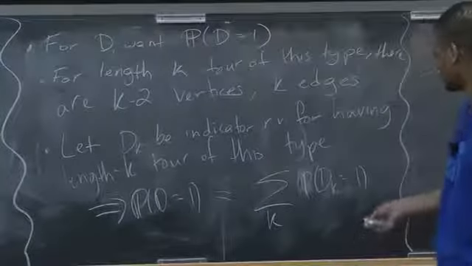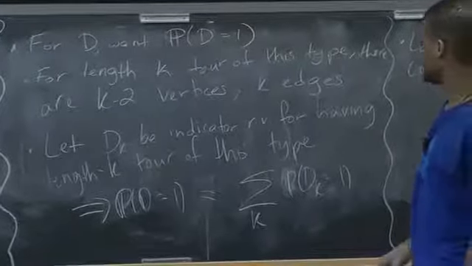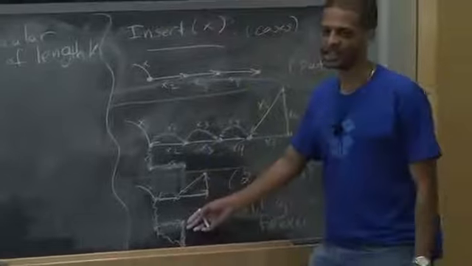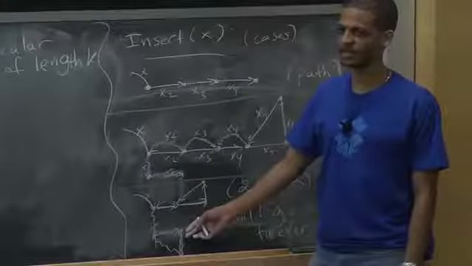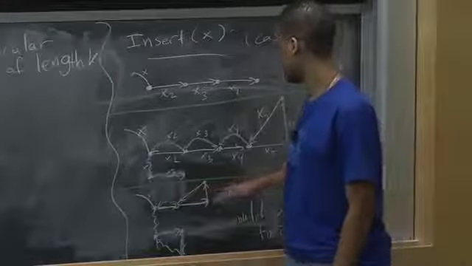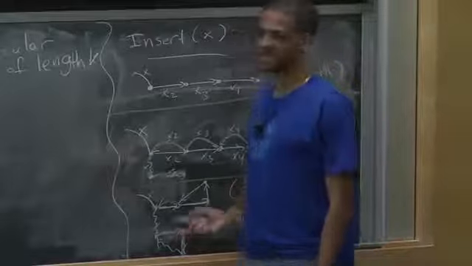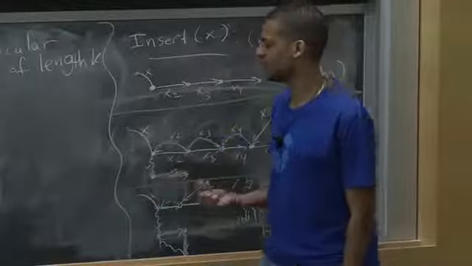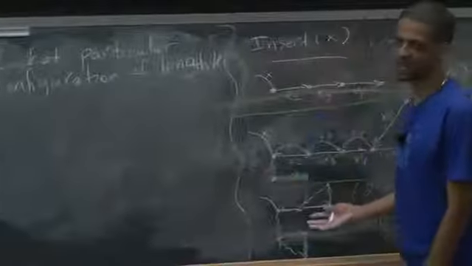But the point is, D is the probability that we see a picture like this when we try to insert x, where the kth step is exactly where you close the second cycle. So for D to occur, you have to have this picture for some k.